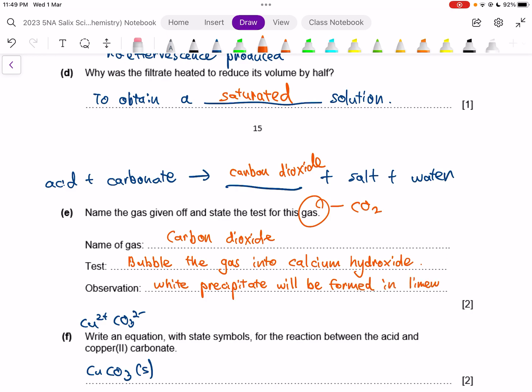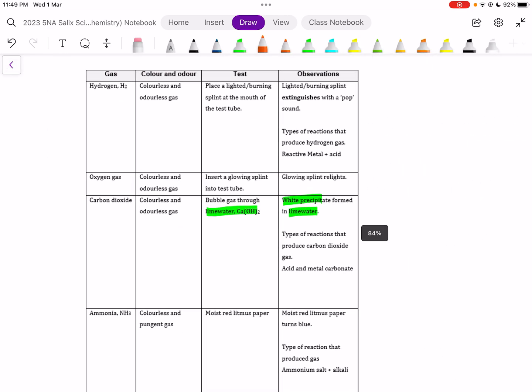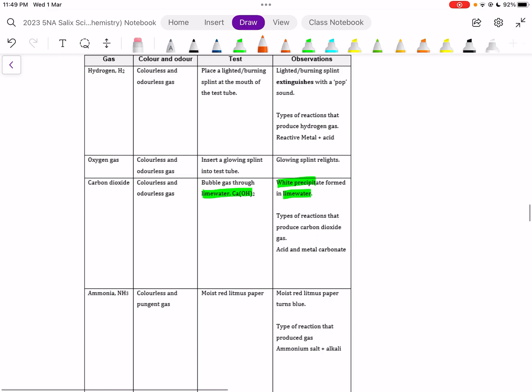For the test for the gases, I'll cover more in detail in QA. We'll revisit this part when we do the next chapter on qualitative analysis. You can have a look at hydrogen gas, oxygen gas, as well as ammonia gas. Ammonium salt plus alkali gives you ammonia plus salt plus water.